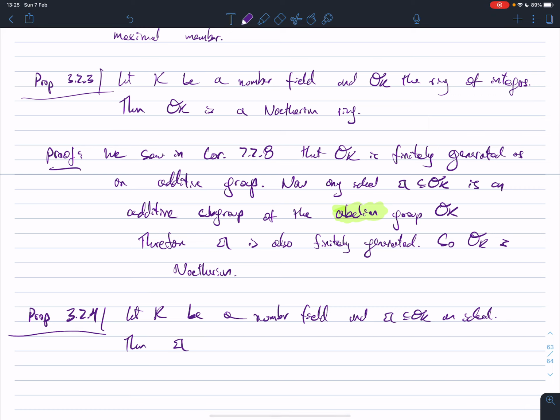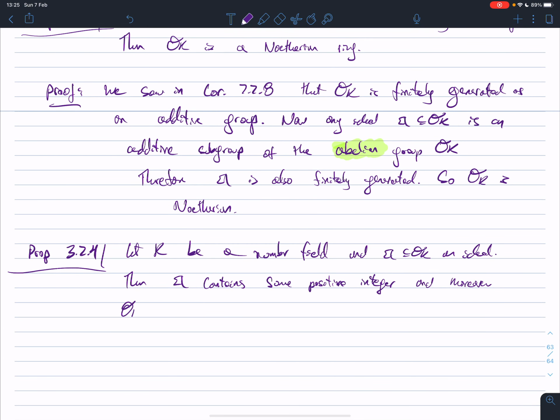Then A contains some positive integer. And moreover, the quotient O_K mod A is finite.